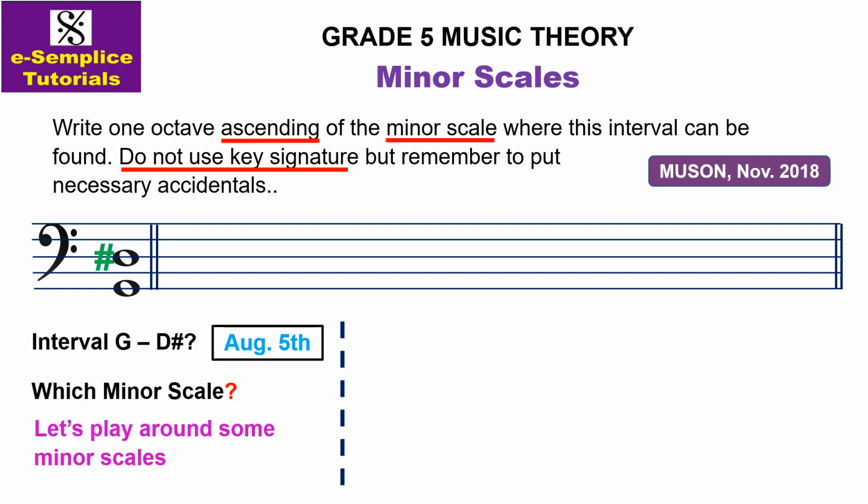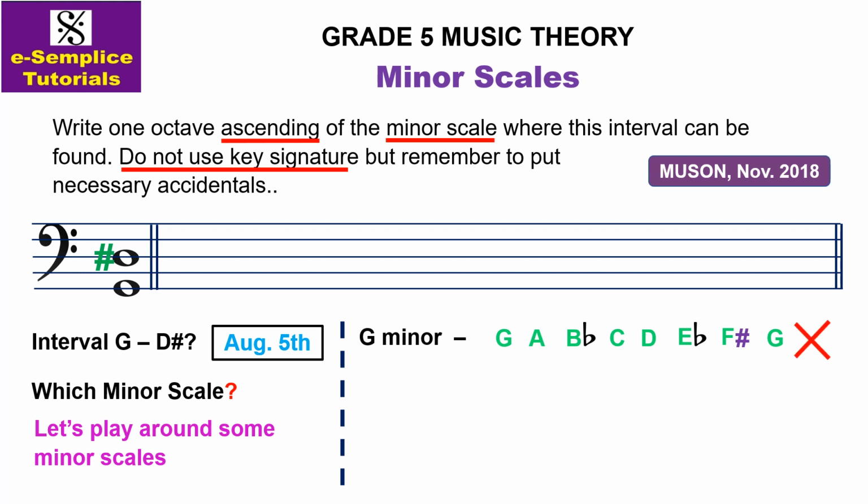Which minor scale can we find this interval? As usual, let's play around some minor scales. Well, I would like to start with G minor to look for this interval. So I'll go from G to G, add natural key signature accidentals, raise the 7th note. So do I have G to D sharp here?